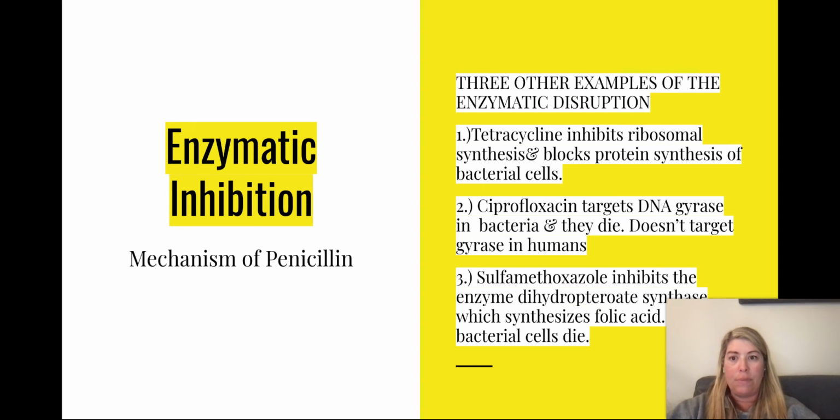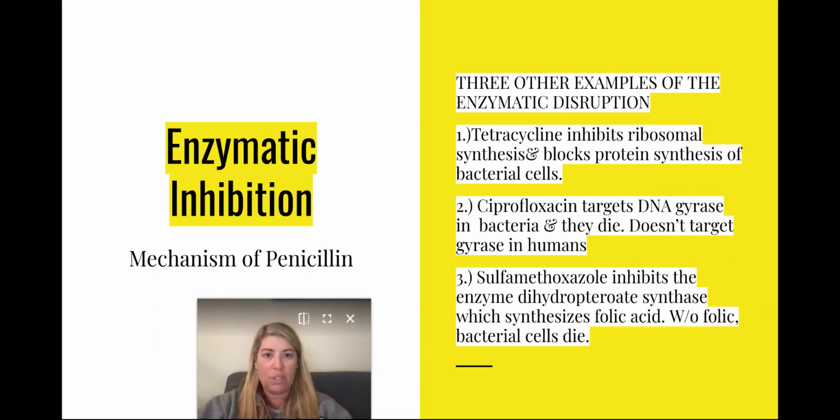Okay, so when we look at the enzymatic inhibition in slightly more detail, I had three other examples, more specific than the basic one. If you look at the drug tetracycline, it inhibits ribosomal synthesis and blocks protein synthesis in the bacterial cells, so the bacteria die.